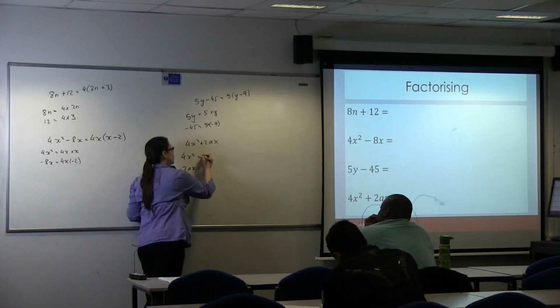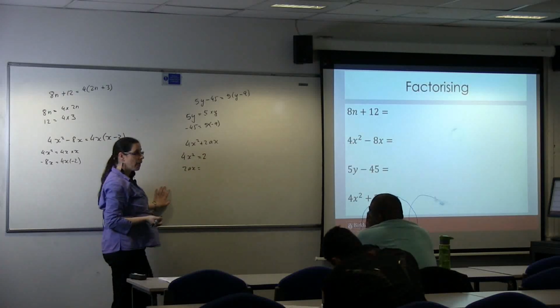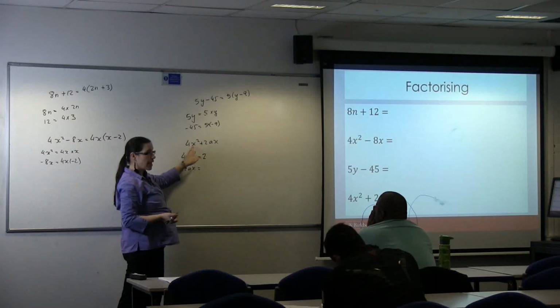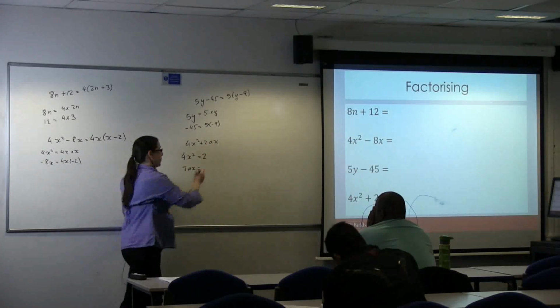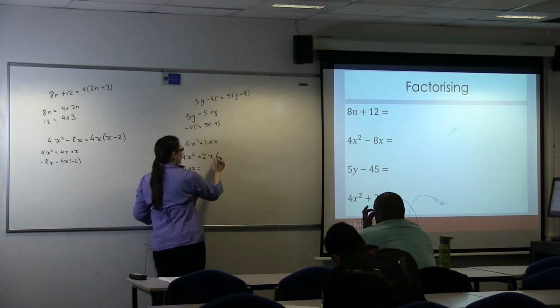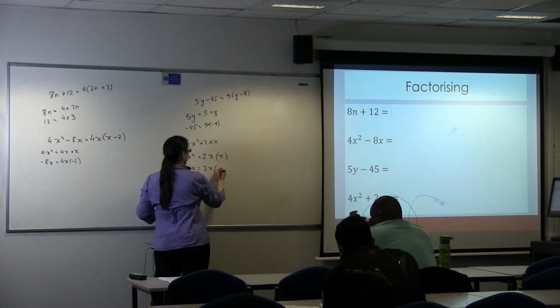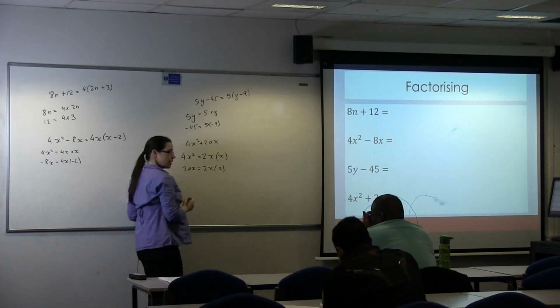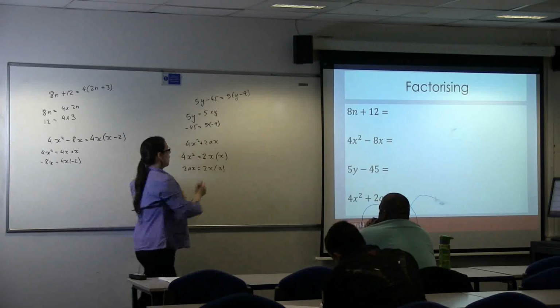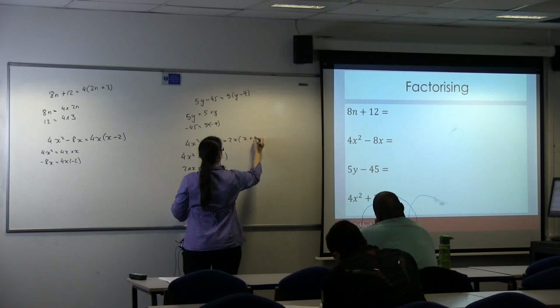So I can factor out the 2 for sure. Is there anything else I can factor out? I can factor out the x as well, because that is in both of the terms. So if I factor out 2x from here, I'm left with an x behind. And if I factor out the 2x from here, I'm left with an a behind. So this can be rewritten as 2x times x plus a.